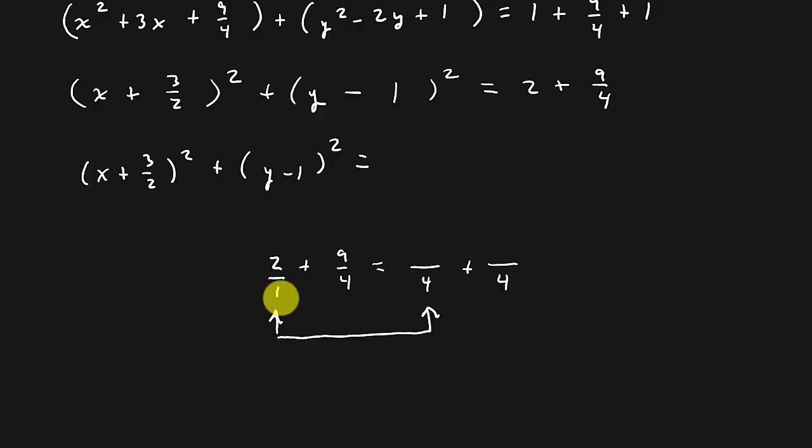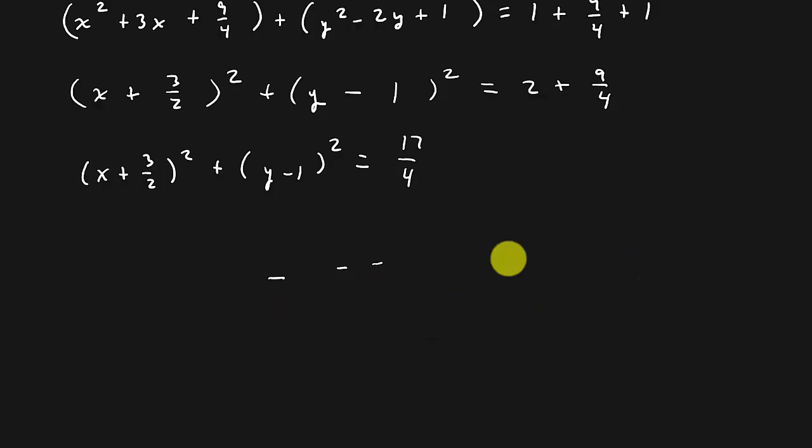Well, you got to multiply 4 to this. So that means we got to multiply 4 to the numerator. So 2 times 4 is 8. And this is just going to stay 9 because 4 is the common denominator. For this, you would multiply the 4 by 1. So 9 times 1 is 9. And so this is going to be 17/4.